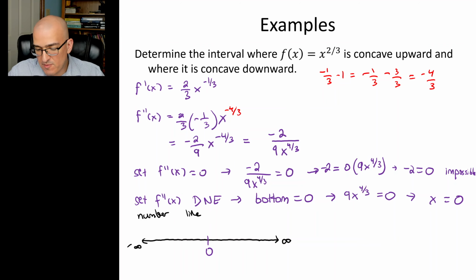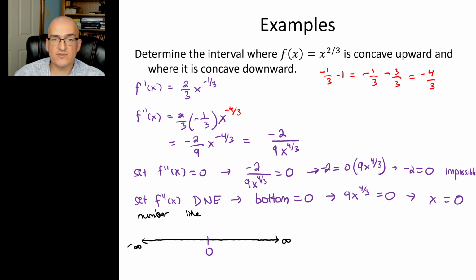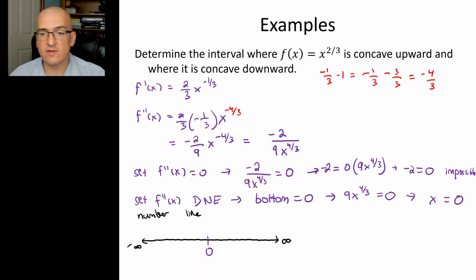But if you're plugging into a root like this, a cube root to the power of 4, you can tell what the sign is without doing anything drastic. But you might as well plug in something you can take the cube root of neatly, like 1 or 8 or negative 1 or negative 8, or 27 or negative 27.